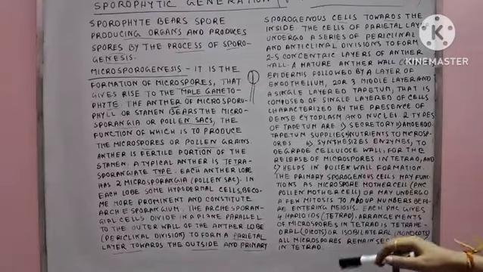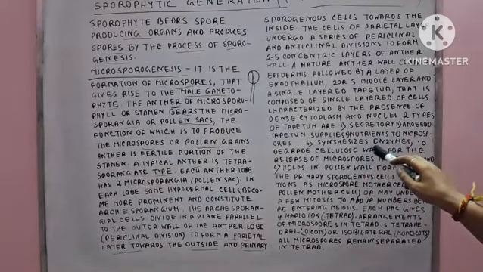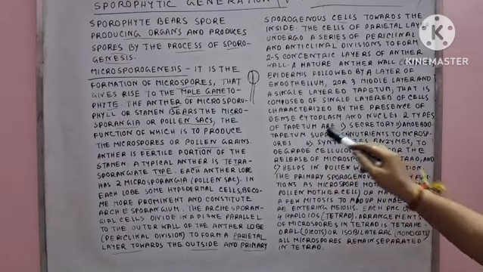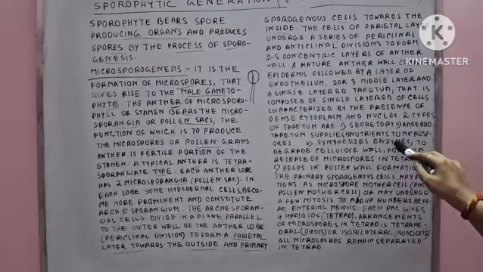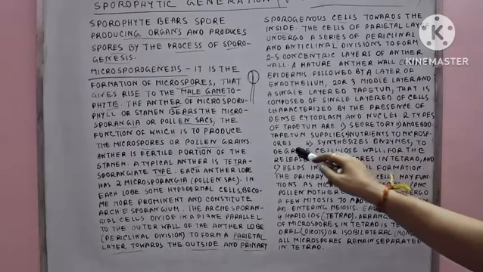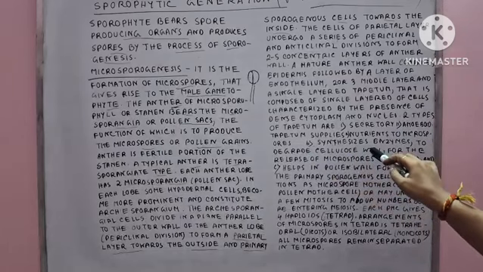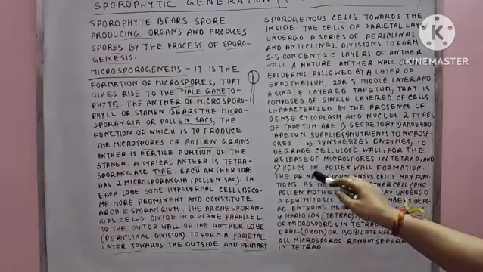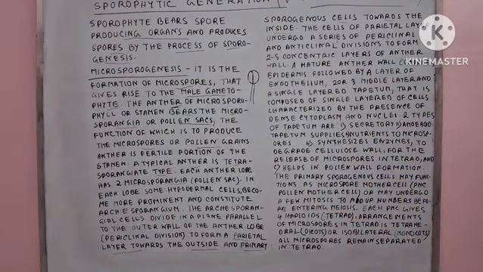Its function is, first, to supply the nutrients to the microspores. Second, it synthesizes enzymes that degrade or break the cellulose wall for the release of the microspores from the tetrad. And third, it helps in pollen wall formation.